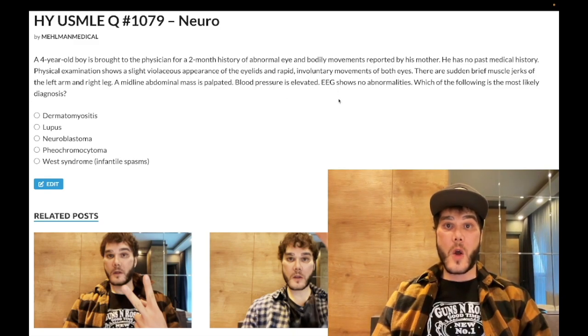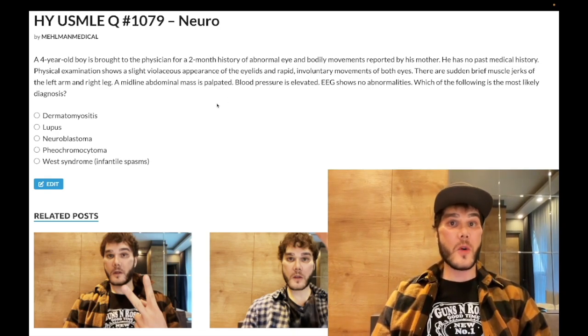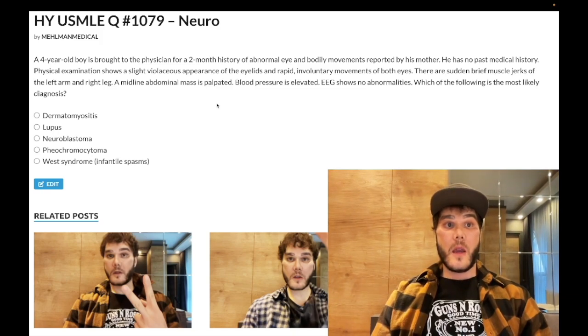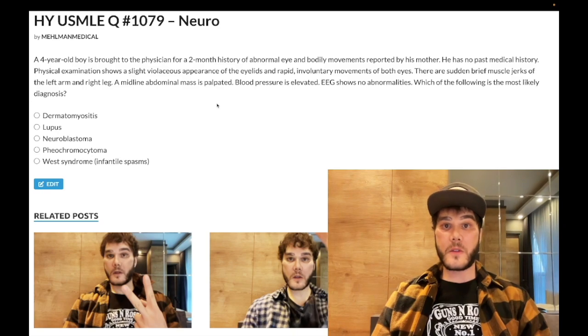Okay, so you have catecholamine secretion by the tumor. As I said, it's a pediatric version of pheo. And one of the highest yield points is they can give you the violaceous eyelids, which are metastases to the eyes, causing raccoon eyes. It's supposedly not a common finding, but it shows up on one of the peds forms.